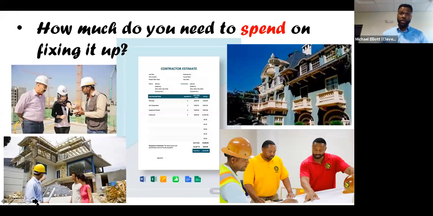You also want to look at how much you want to spend on construction to fix it up. Again, that's going to play a part in how much you're going to charge for the rent. Too much, again, you might have to force that price up. As I stated before, it might make your property uncompetitive, but at the same time, you don't want to go too cheap with the construction costs either.